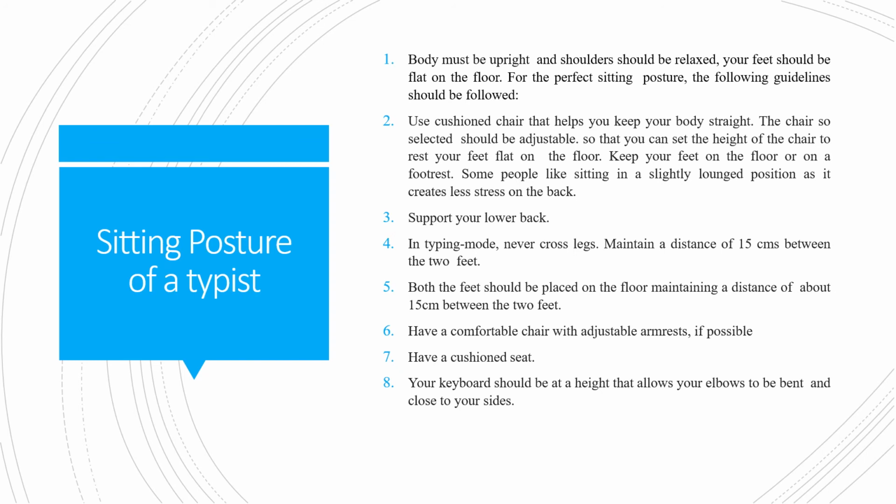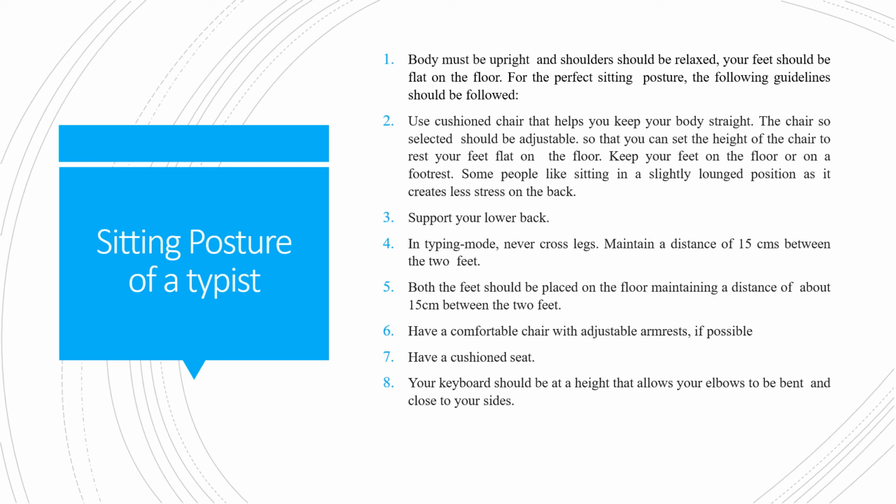Next is, what will be the sitting posture of a typist? How will the typist sit in front of the machine? There are some key rules that apply for a typist. Firstly, the body must be upright and shoulders should be relaxed. It means your feet should be flat on the floor. For the perfect sitting posture, some guidelines are given, like use a cushioned chair that will help your body to stay straight.